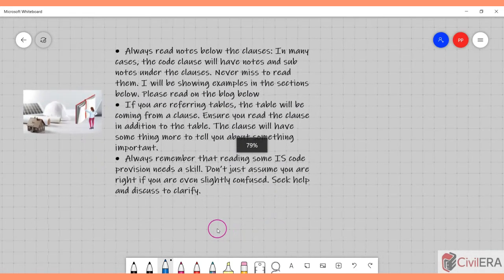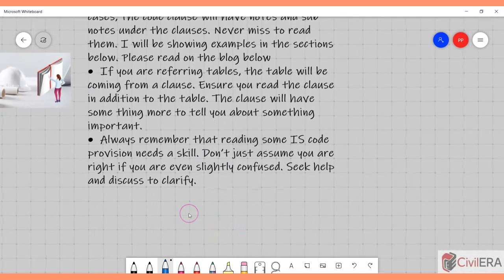And the last point is to always remember that reading an IS code provision needs a skill. It's not just reading. Don't just assume you are right if you are even slightly confused. If you think there is something more that you need to know, and perhaps you are wrong, you should definitely discuss it with your peers, with others, and with seniors to understand what it really means.